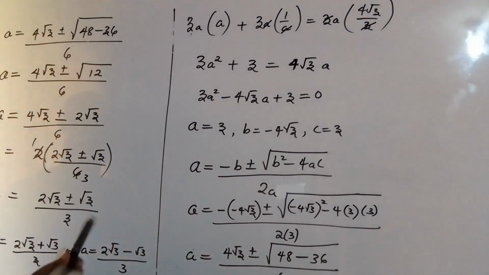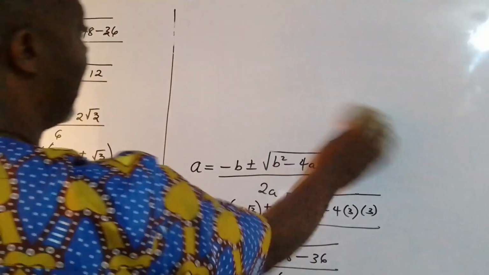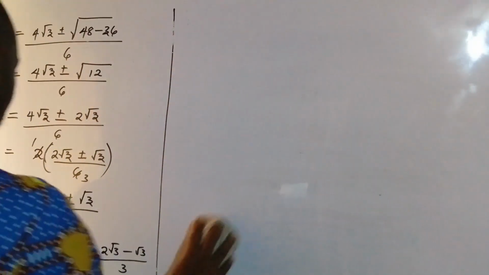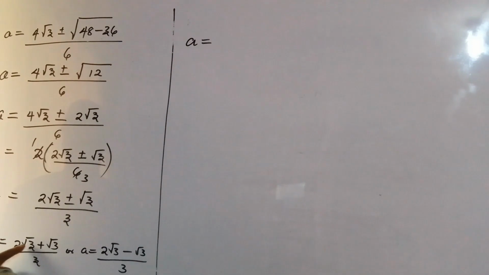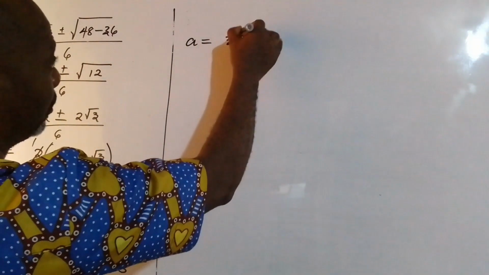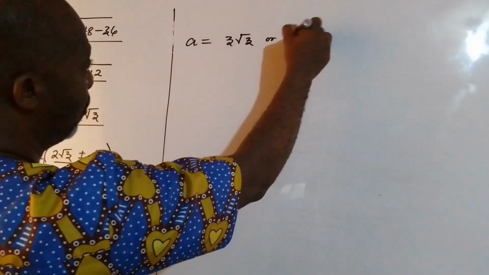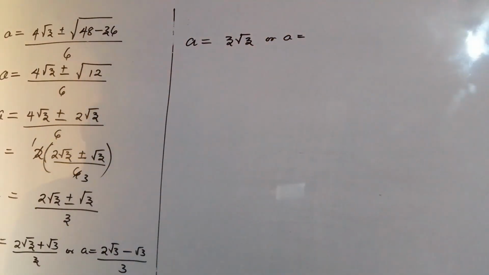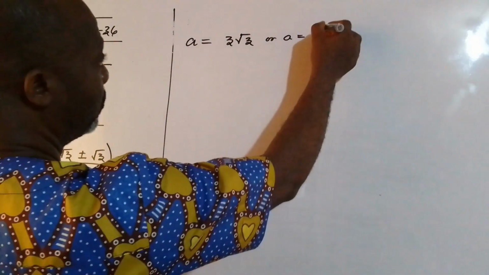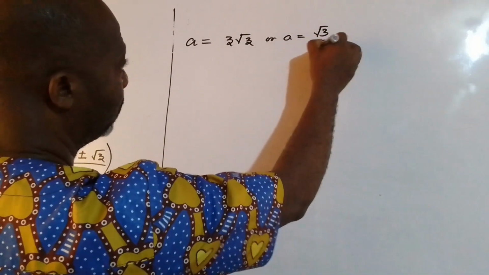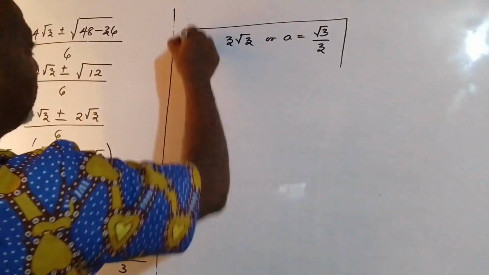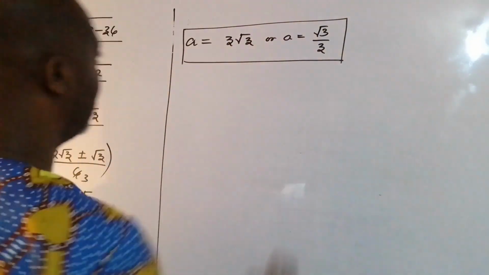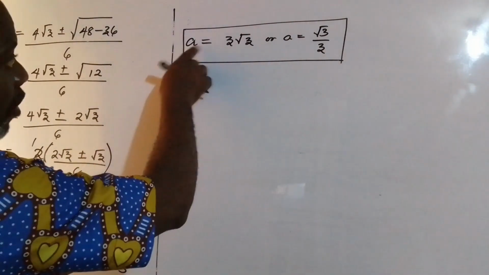So over here we're going to have a equal to 2 root 3 plus root 3, that will give us 3 root 3, or a will be equal to 2 root 3 minus root 3, that will give us root 3 over 3. So here you have it, guys, the solution to the quadratic equation. That is for a.